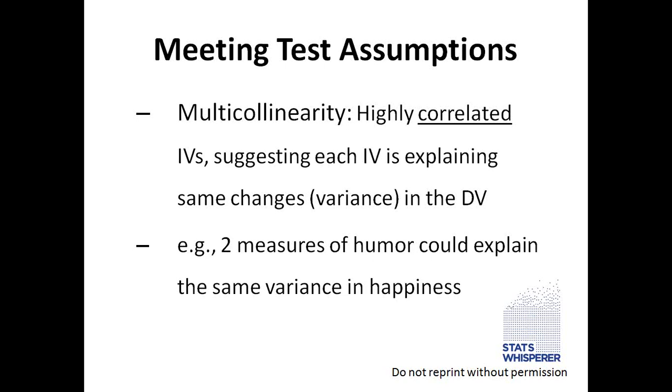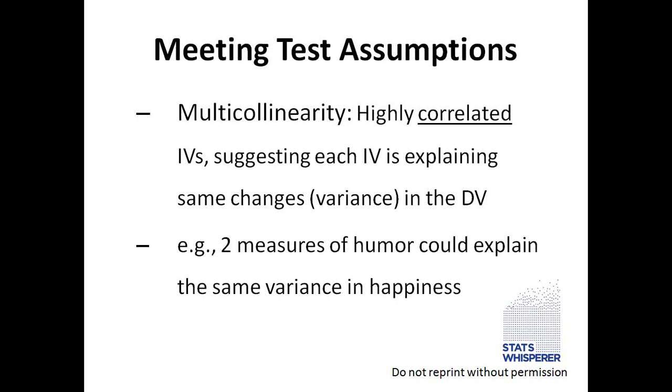So if one explains some variance in happiness, suppose one explains 10% of the reason that the happiness scores go up and down, then the other, if they're correlated very highly, might explain the same 10% because it's generally the same construct.